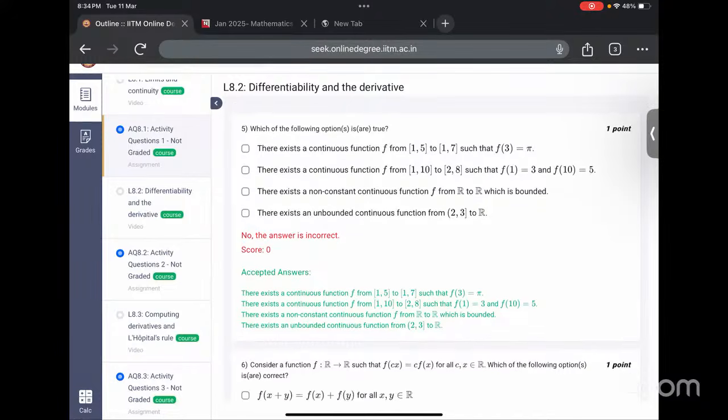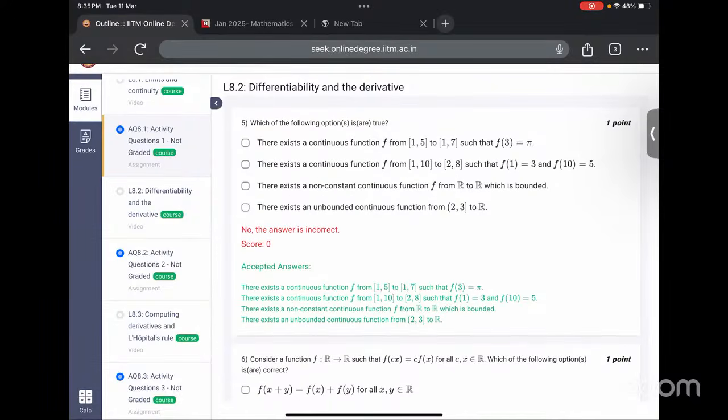Here the domain is bounded but not closed, right? That is why we can find the example. But if it were closed, then the function always should be bounded.